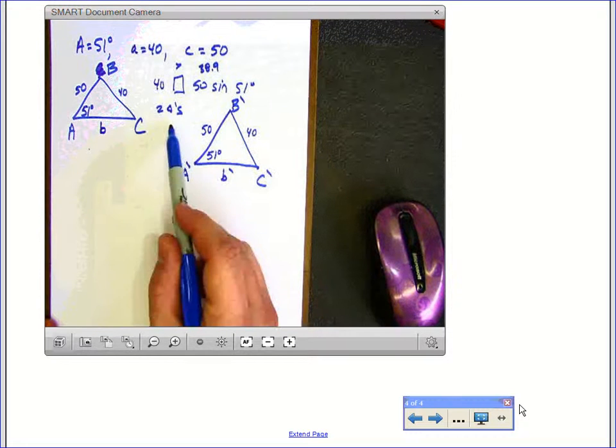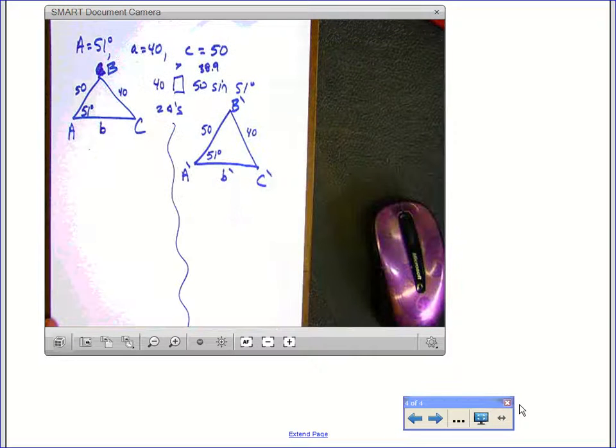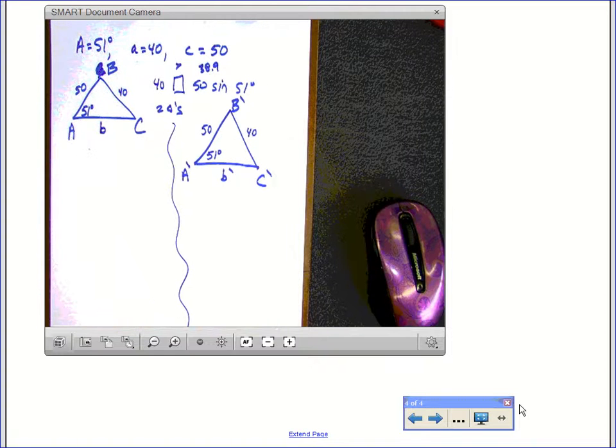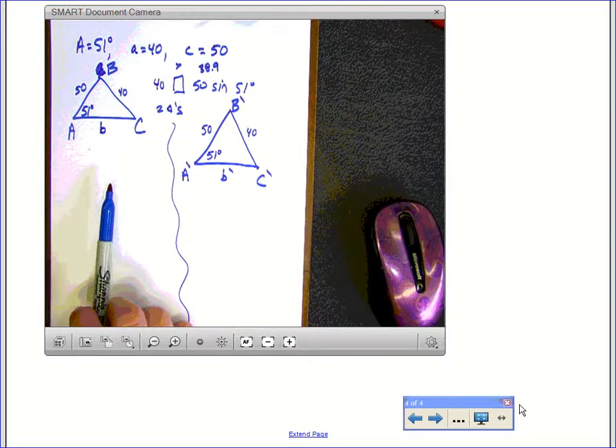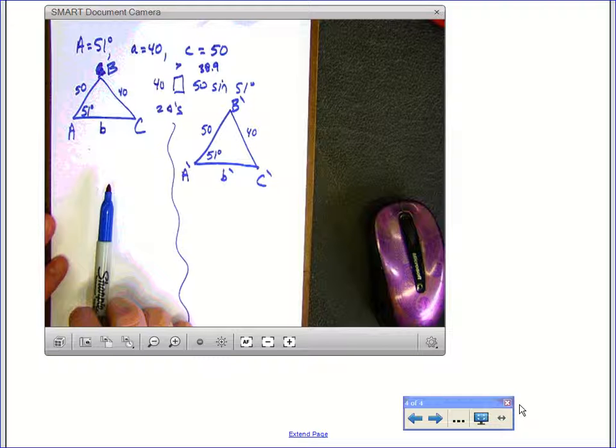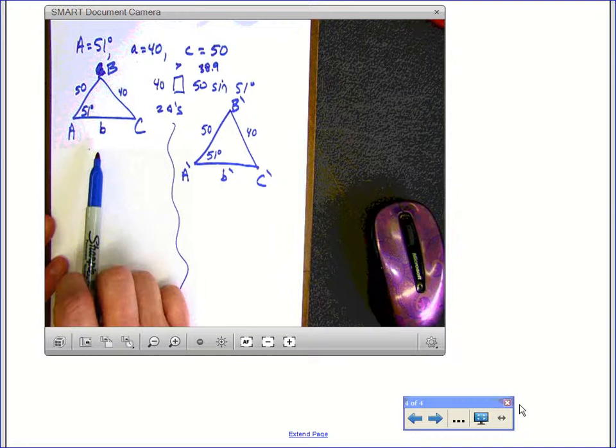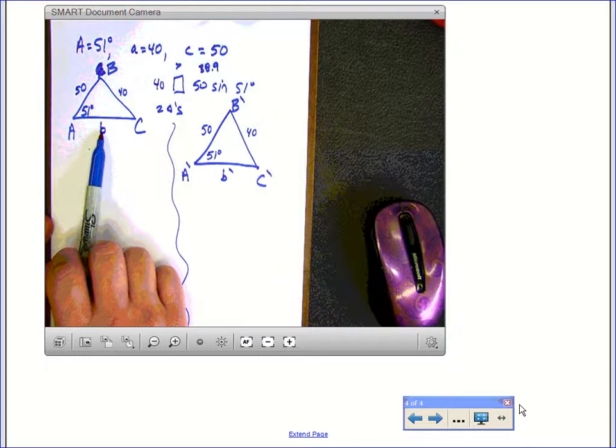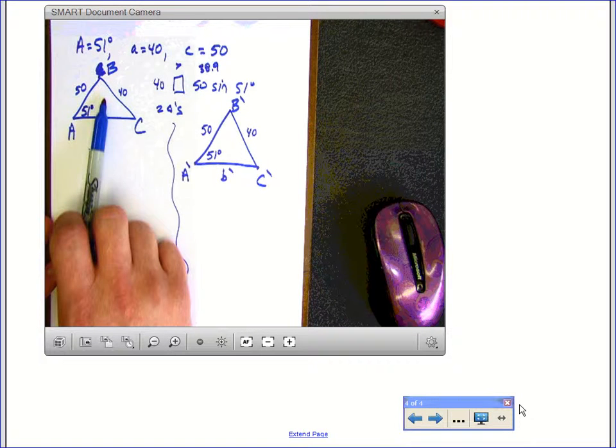Now, what we're going to do is start with this first triangle, the regular triangle, and we're going to find something. Let's figure out exactly what I could find. Could I find side B? You don't have angle B, do you?